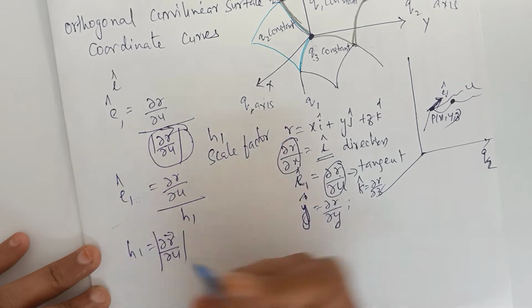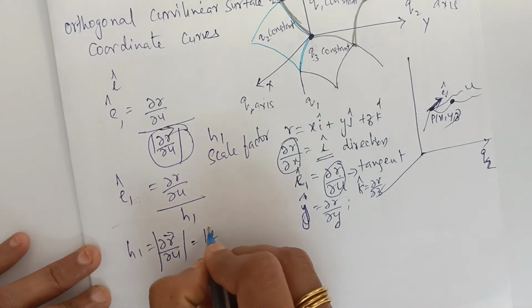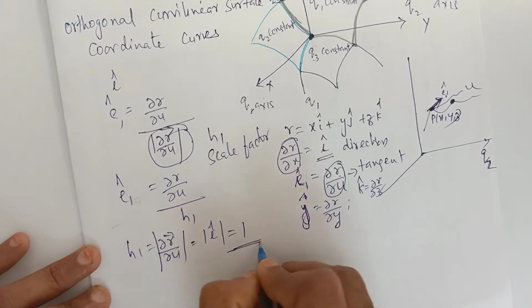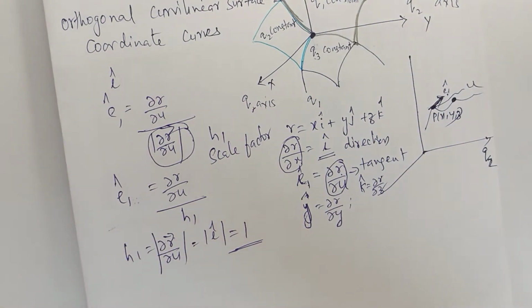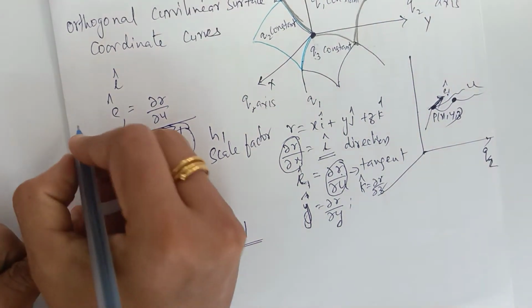Dou R by dou X or dou R by dou Y, for example, here we are getting it as 1. So dou R by dou U divided by its magnitude is equal to E, and we get the direction. This is what we write for the direction.